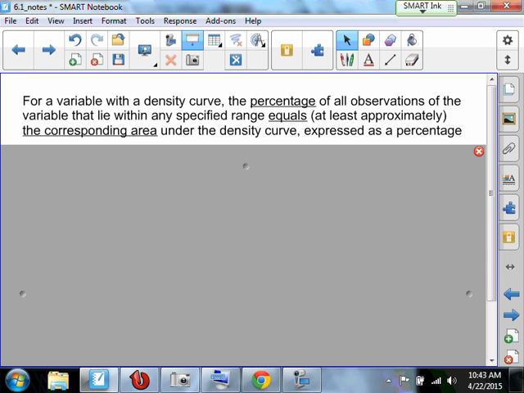For a variable with a density curve, the percentage of all observations of the variable that lie within any specified range equals, at least approximately, the corresponding area under the density curve expressed as a percentage. Say that again. Give you a few minutes to write that down.